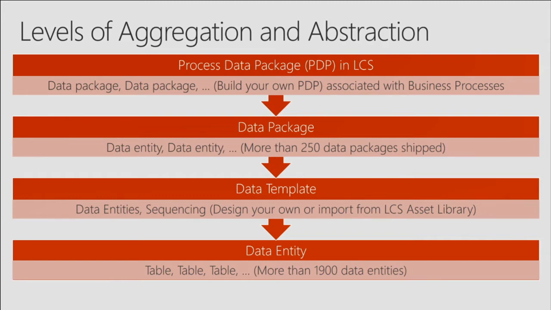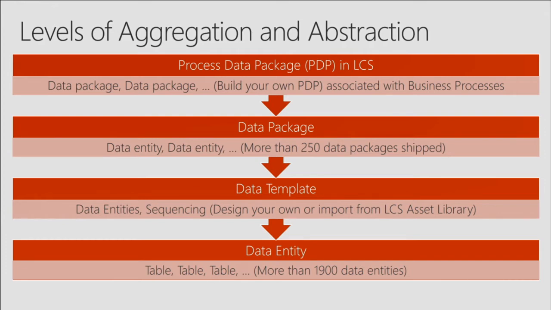Once you define a data template, the next level is your data package. A data package is really your data template, but with the data with it. Or you can think of a data template as the data package without the data itself. So a data package is an instance of a data template that also has the data from your system.